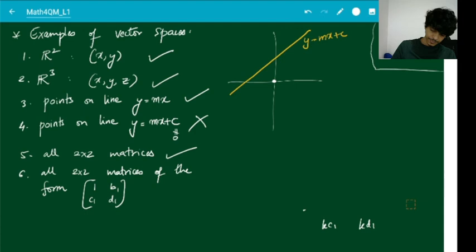So let's see. Let's take a vector V, which is 1, B1, C1, D1, and a vector W, which is 1, B2, C2, D2. When I add them up, V plus W, I get 2, B1 plus B2, C1 plus C2, D1 plus D2.